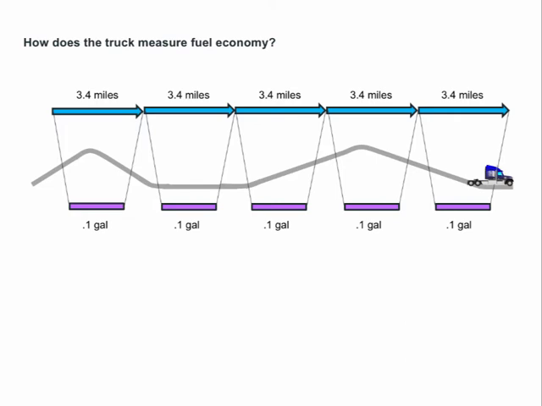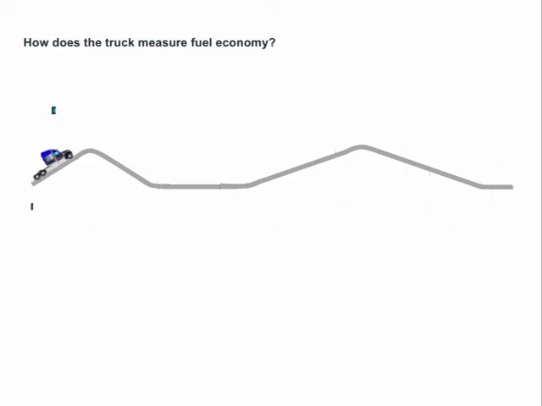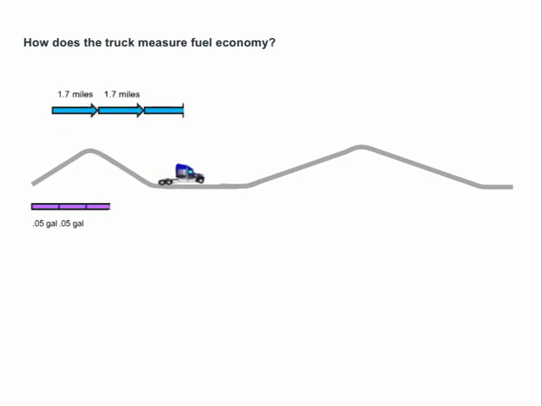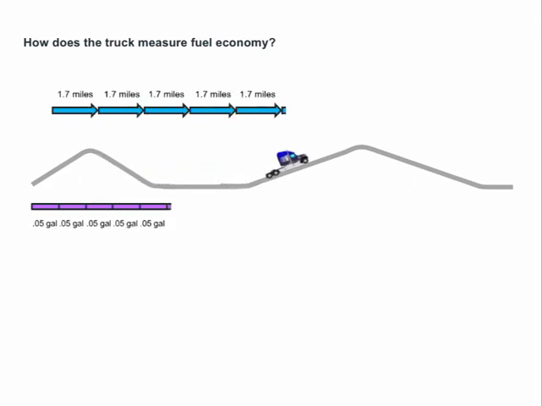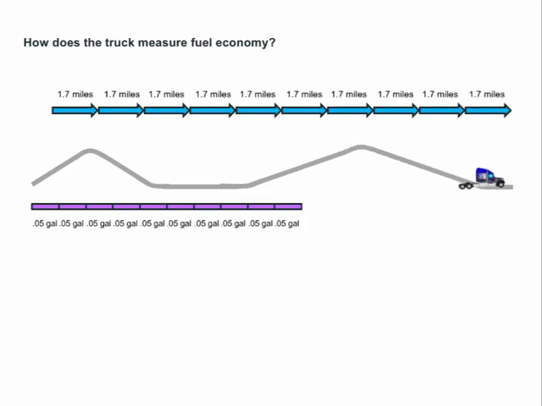What would happen if we used 1/20th of a gallon intervals instead of 1/10 of a gallon intervals? I'll show the truck's trip again, this time splitting it into 1/20th of a gallon intervals. Each fuel interval has an amount of change in fuel, in this case 1/20th of a gallon.